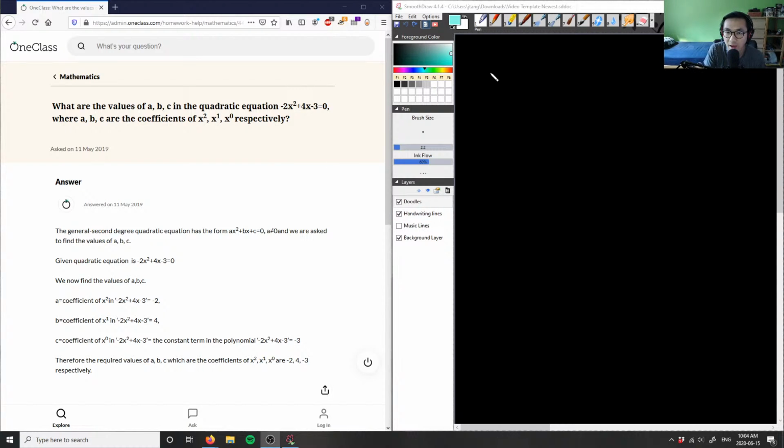So here's question 1, and we have this quadratic equation, negative 2x squared plus 4x minus 3 equals 0. What we want to know are the values of a, b, c based off the coefficients of x squared, x to the power of 1, and x to the power of 0.